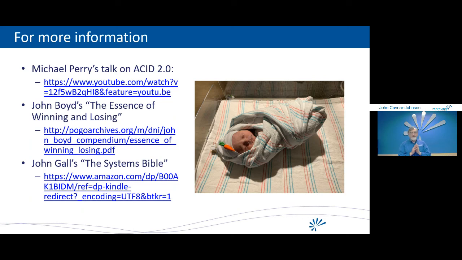I actually use it for thinking about the way teams work and the way software works, which is an interesting way of sort of having one view of different things. And then the last thing, I highly recommend you read John Gall's The Systems Bible. There's a link to the Kindle version, which is a lot cheaper than the paperback for whatever reason.